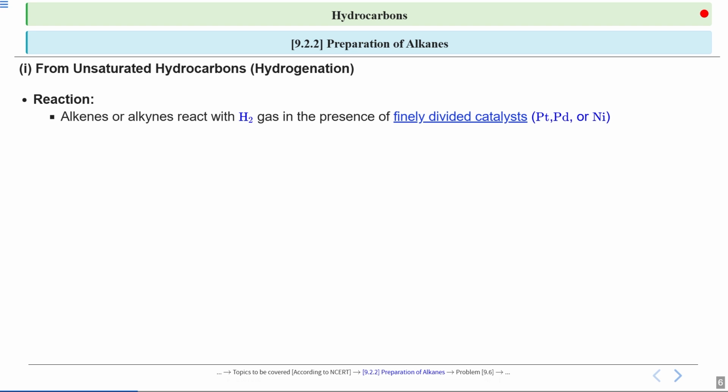In this reaction, alkenes or alkynes react with hydrogen gas, denoted as H2. This reaction requires the presence of finely divided catalysts such as platinum Pt, palladium Pd, or nickel Ni. These catalysts are crucial as they facilitate the reaction by lowering the activation energy, making the process more efficient. This hydrogenation process is also known as the Sabatier-Senderens reaction, named after the chemists who developed it.